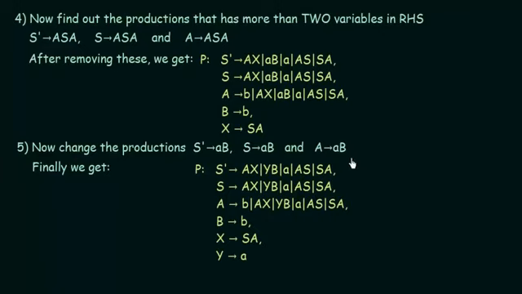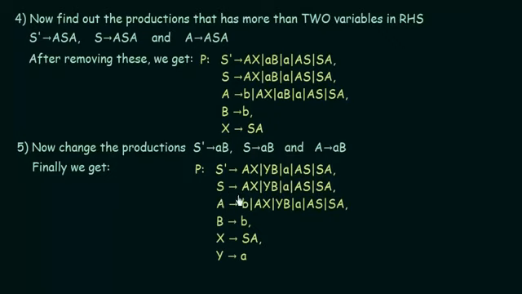In order to remove this, this small a over here is a terminal symbol, so I will replace it with a variable which I will call Y, and I will add a production which says Y gives a. So how will we do this? S' gives AX, it is the same thing, and instead of aB, this a will be replaced by Y, so it will be YB, and then the rest of the things remain the same.